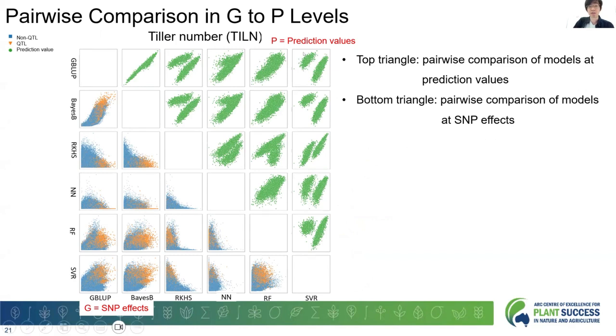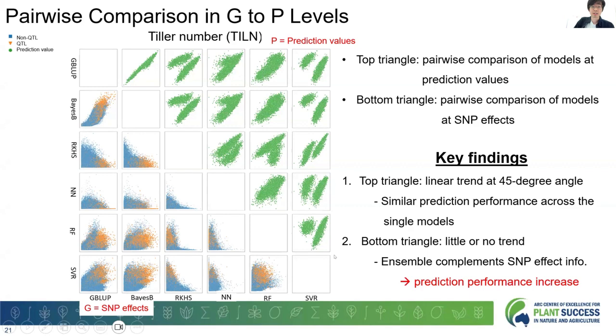P represents the phenotype level, whereas the bottom triangle part, colored in blue and orange, goes one step further by doing a pairwise comparison between the single models at the level of SNP effect. So this bottom part goes one step further to find out the mechanisms of the predictions from each of the single models. From this, we can find two main key findings. The first finding is from the top triangle part, showing a linear trend at the 45-degree angle in many cases like this.